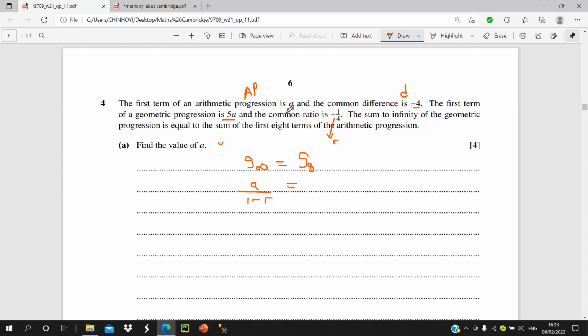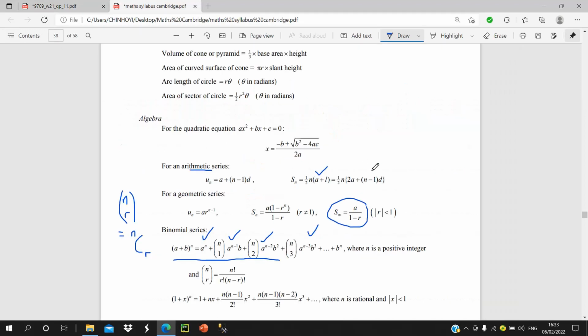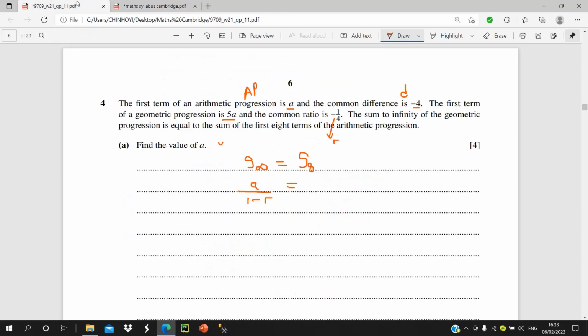We are only given the first term and the common difference, and now they want the sum of 8 terms. So the ideal formula for this case is this one. We are given A, we know the number of terms is 8, and we are given d, which is minus 4.